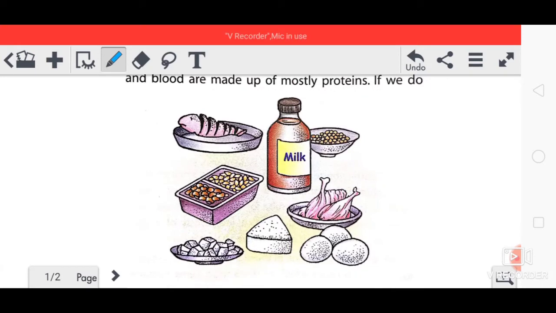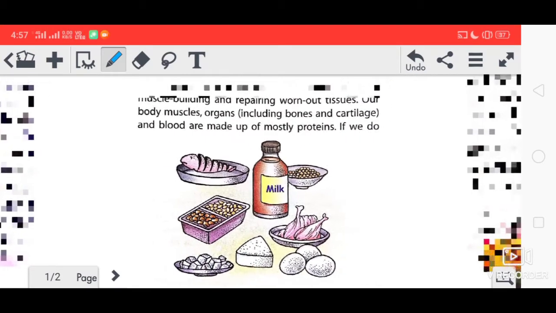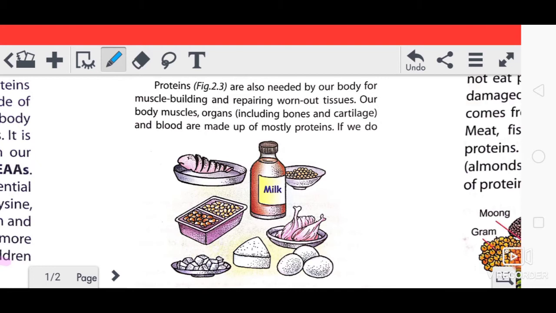So from which food items do we get protein? If I ask you what the sources are, meaning from where we get it, you can see here: fish, milk, pulses, different nuts, then chicken, egg, and all these.